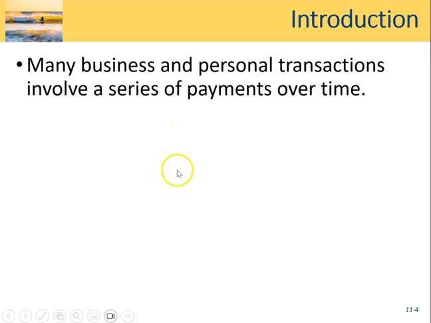Okay, so as you know, especially on the personal side, many transactions involve a series of payments over time. Think of paying off your student loan or getting a car loan and making equal payments to get that paid off within a certain period of time, or a mortgage, right?